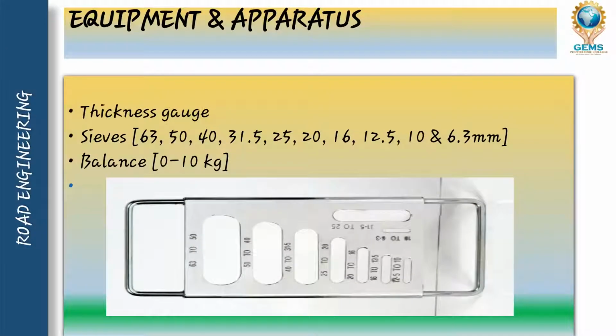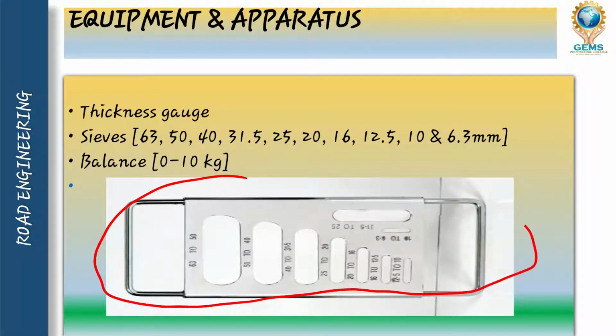As you can see in the image of the flakiness equipment, we can check by passing the aggregate through these gaps, and the measurements are also given: 60, 70, 50, 50, 70, 40, 40, 70, 35, 25, 10, 20, 20, 10, 16.